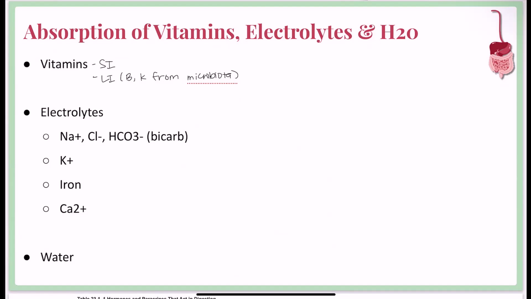For example, if you're B12, then intrinsic factor, which is released by some of our stomach cells, aids in uptake into cells by endocytosis.